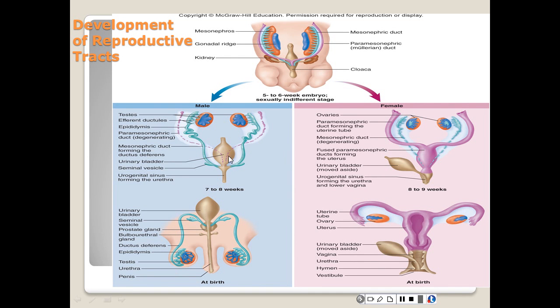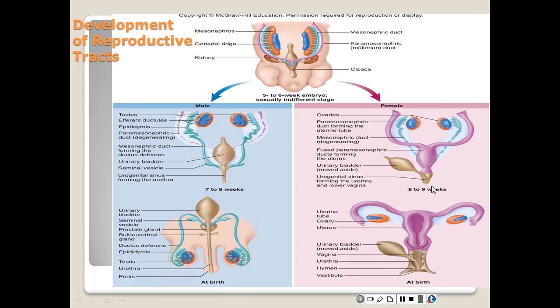It starts to disappear. Hence, at birth, you have the full formation of the mesonephric ducts, also called the ductus deferens, forming our testes, as well as the urethra, the penis, and everything has been formed at birth.